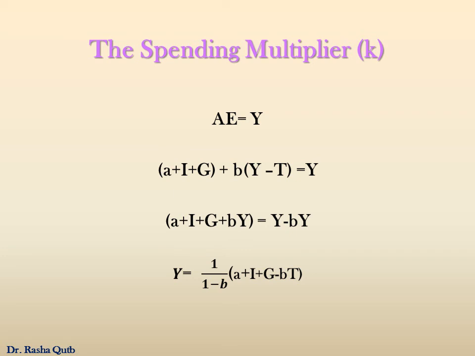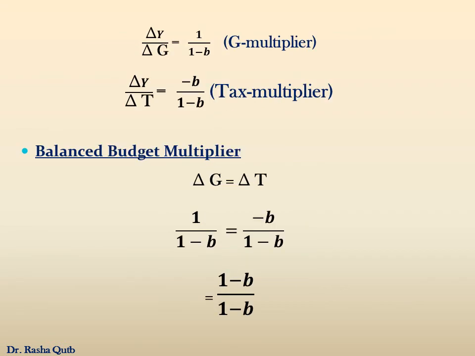We should keep in mind that the greater the value of the marginal propensity to consume, the more effect of the multiplier, and the smaller the value of the marginal propensity to consume, the less effect of the multiplier. So the value of the government multiplier is 1 over 1 minus b.